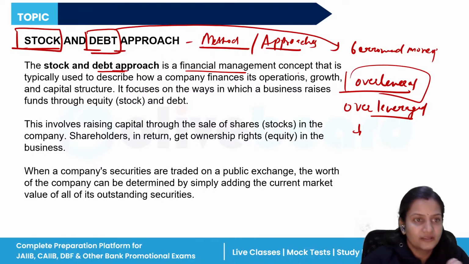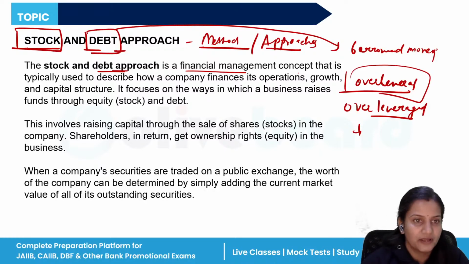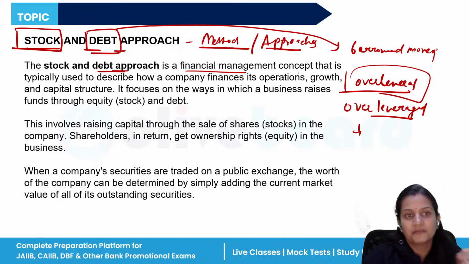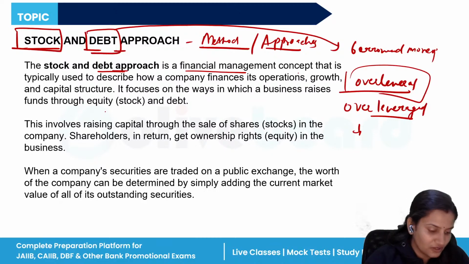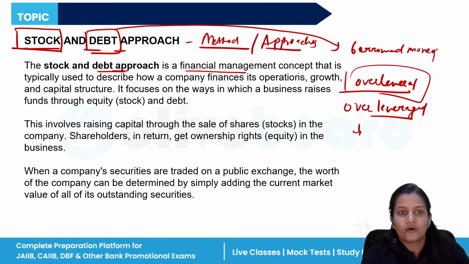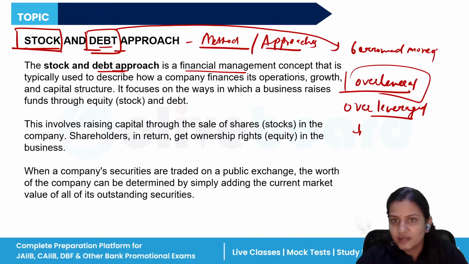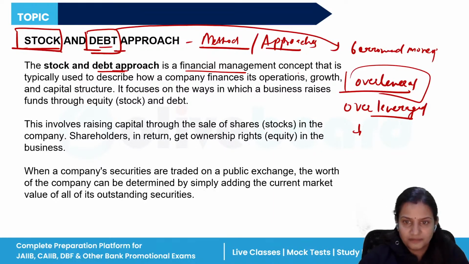So in this case, when a company's securities are traded on any public exchange, the worth of the company can be determined by simply adding the current value of the outstanding securities. That is what we do in the stock and debt approach. We have to see how much the company is leveraged, how much money the company has borrowed, and after that, we will see whether its securities are being traded on the stock exchange or not.